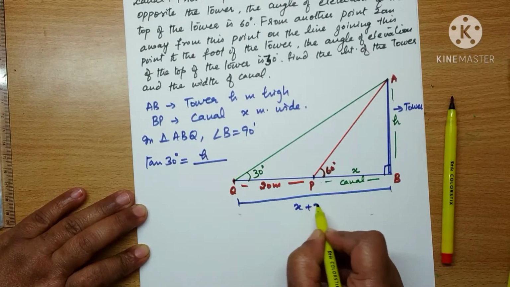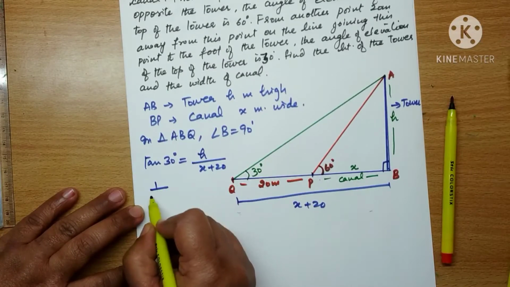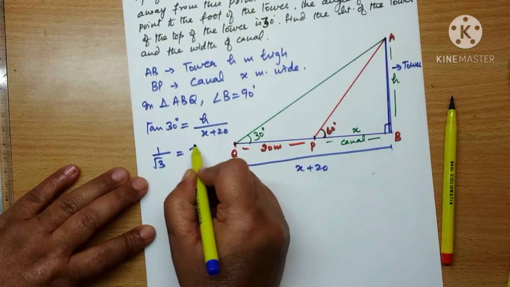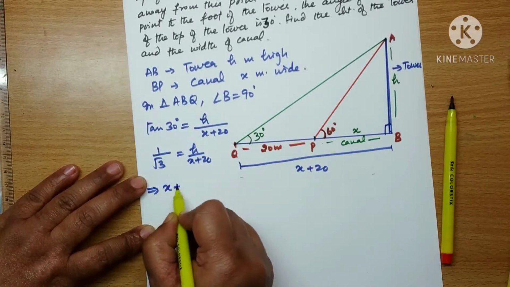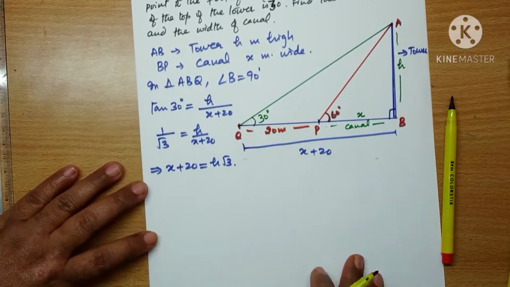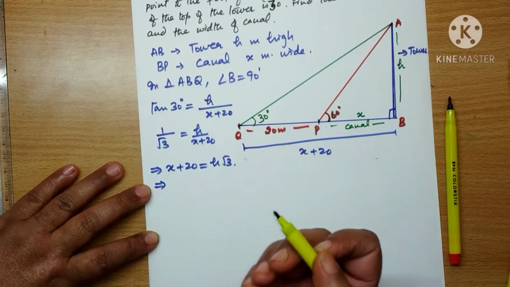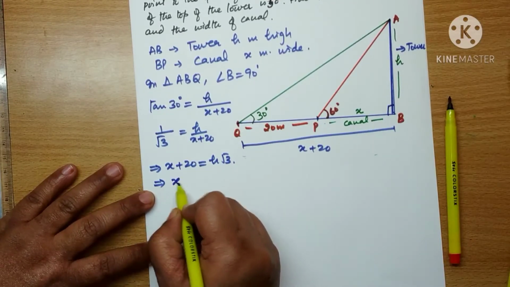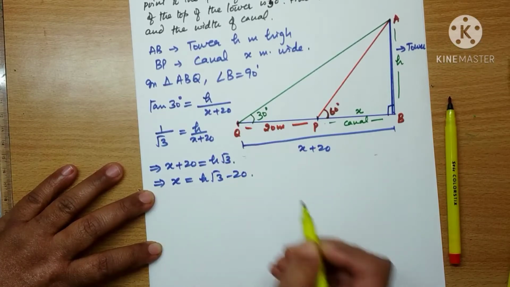Tan 30 we know is 1 by root 3, equal to H by X plus 20. So I get, children, X plus 20 is H root 3. We are interested in finding both X and H. So I'll first substitute X, that is H root 3 minus 20.